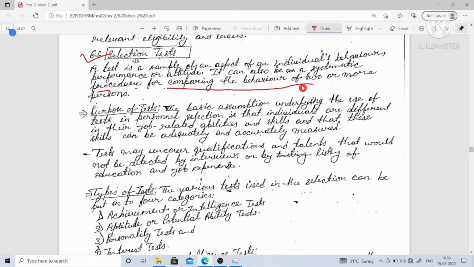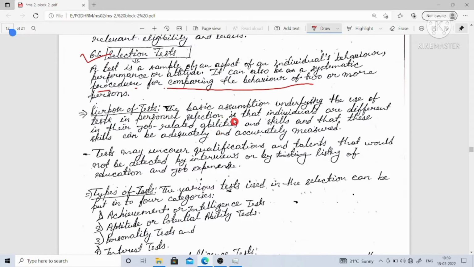The purpose of tests: the basic assumption underlying the use of tests in personnel selection, meaning human resource employee selection, is that individuals are different in their job-related abilities and skills, and that these skills can be adequately and accurately measured.